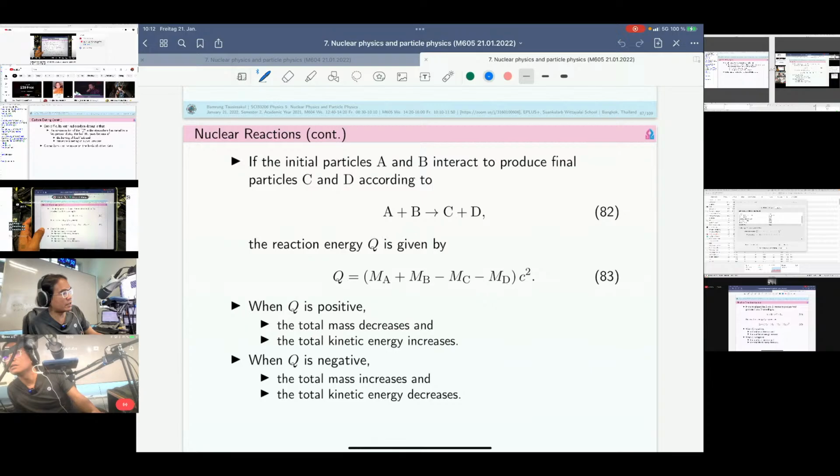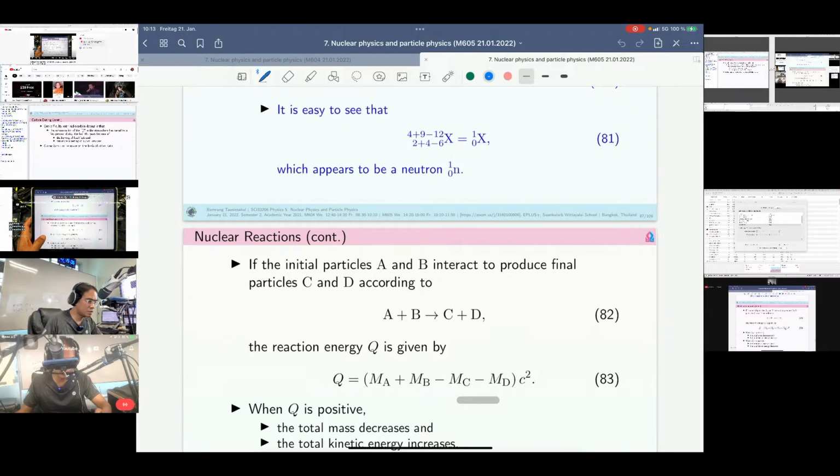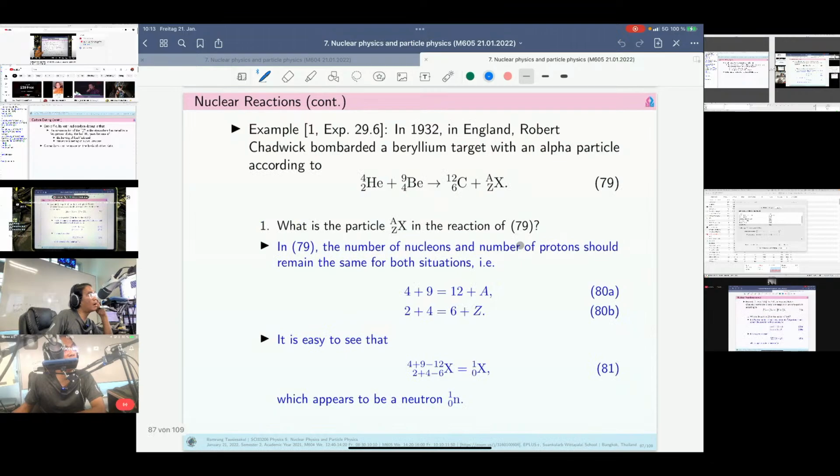Before we go ahead with the nuclear reaction energy computation, we will consider a little bit of basics: how to balance the equation in a nuclear reaction process. Okay, let's do that.